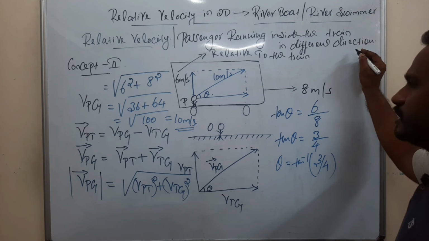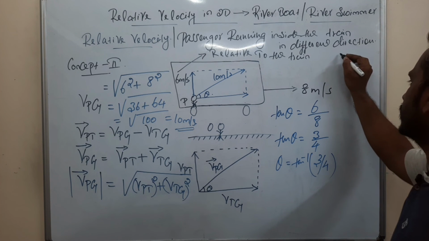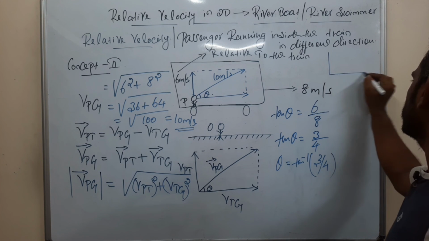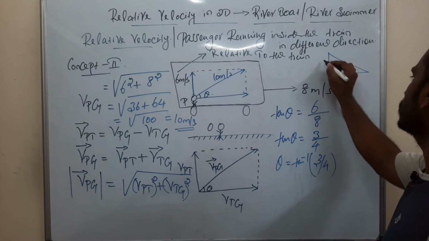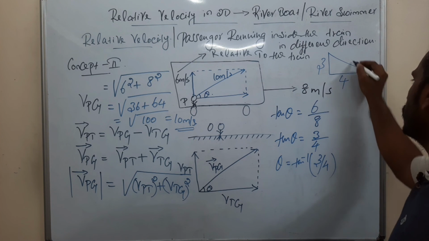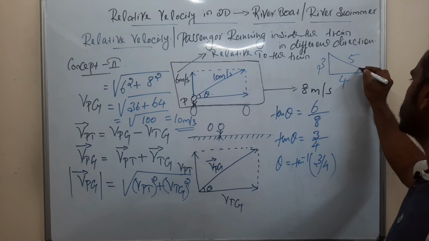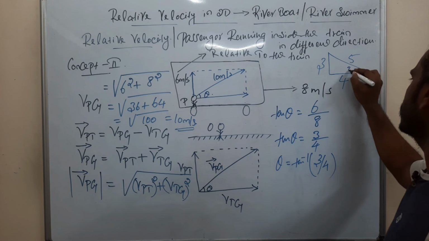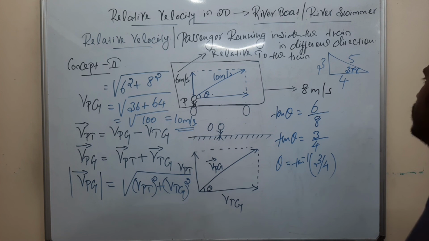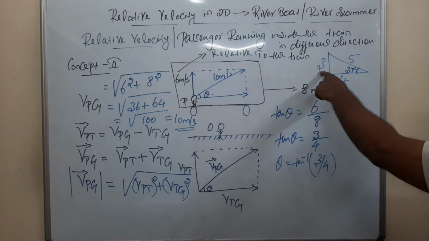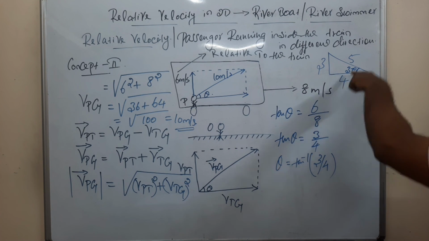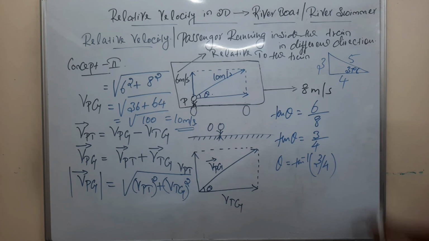3 by 4 is a famous triangle, the 3, 4, 5 triangle. The angle here is 37 degrees: 3 is the opposite side, 4 the adjacent side, and the hypotenuse is 5.